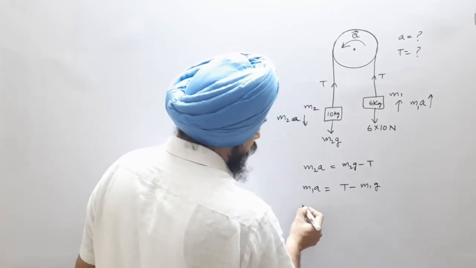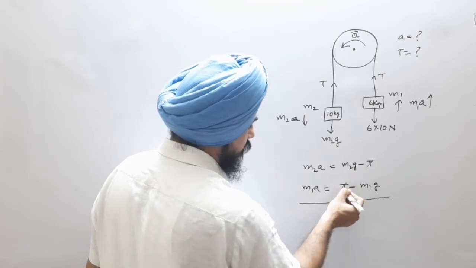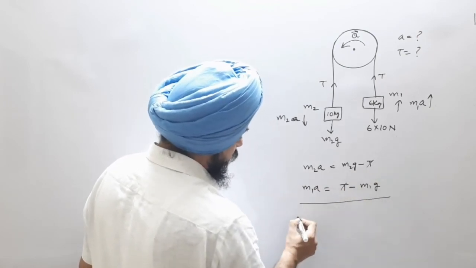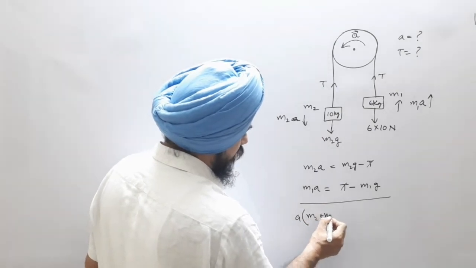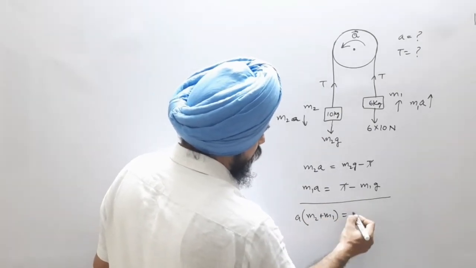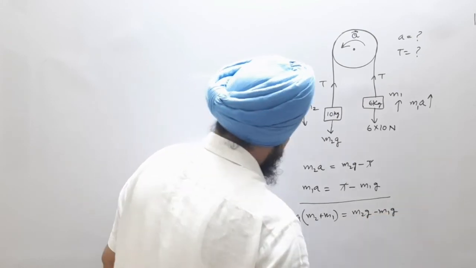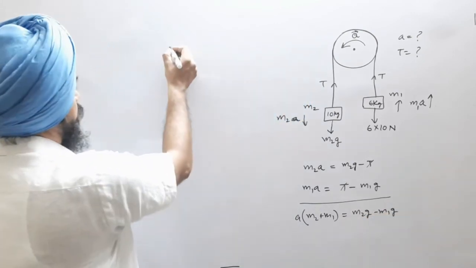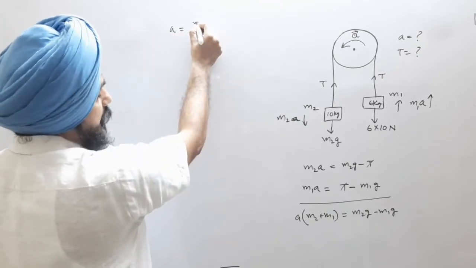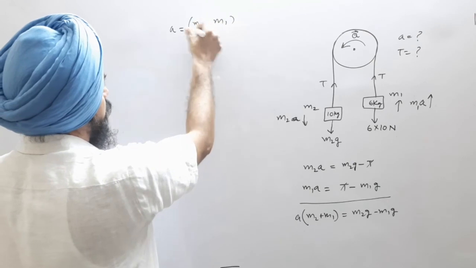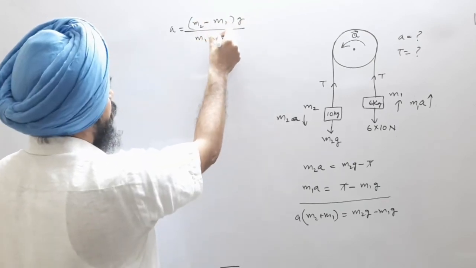Solving these two equations, we will add them, so the tension will cancel out. Here the acceleration is common: M2 plus M1 times A is equal to M2G minus M1G. So the acceleration can be calculated as M2 minus M1, with G out of the brackets, divided by M1 plus M2.